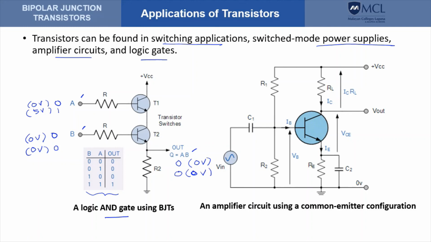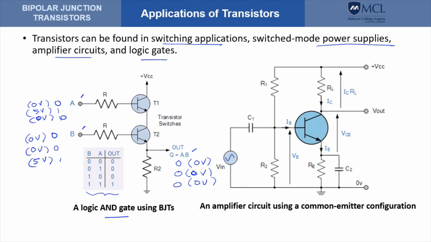If my input to A is 0 volts, so this is a 0, but my B is 5 volts, so this is 1, I will still get an output that is 0 volts.